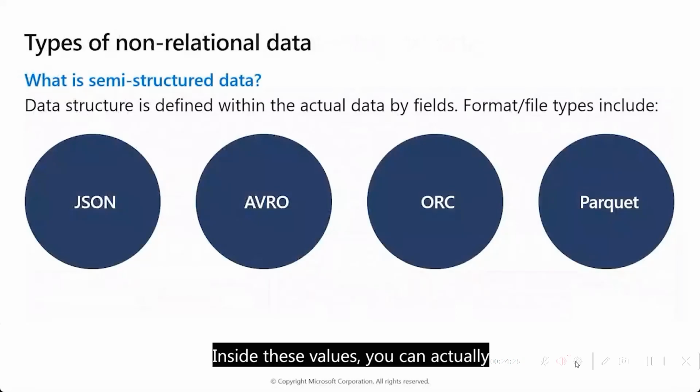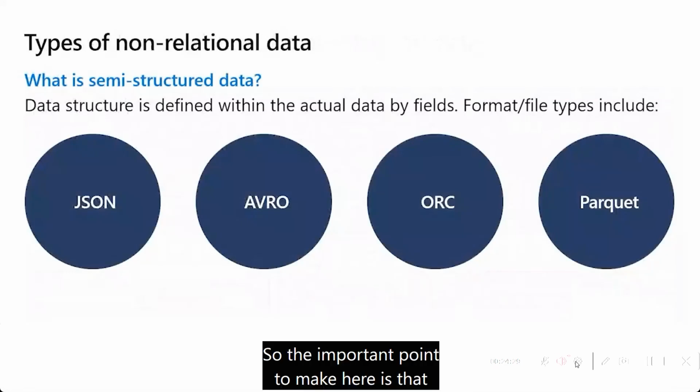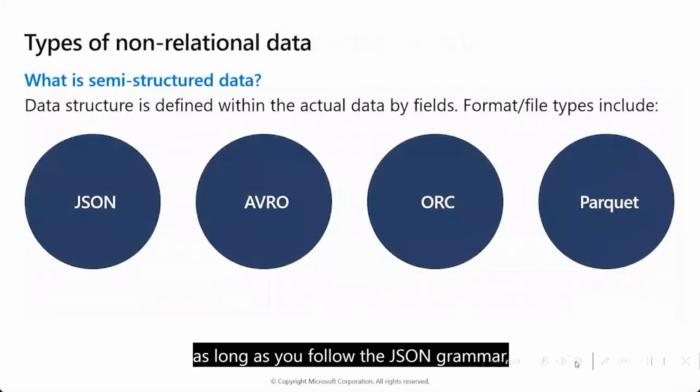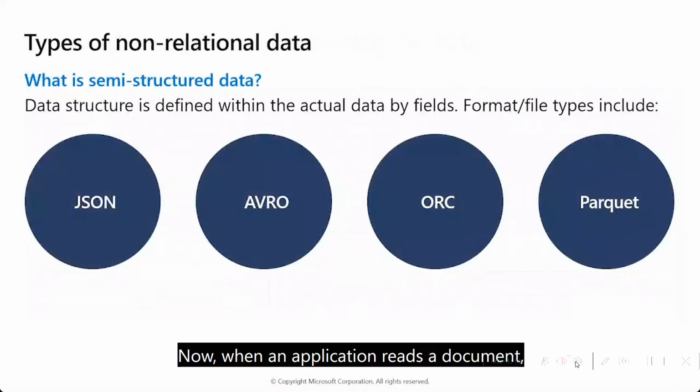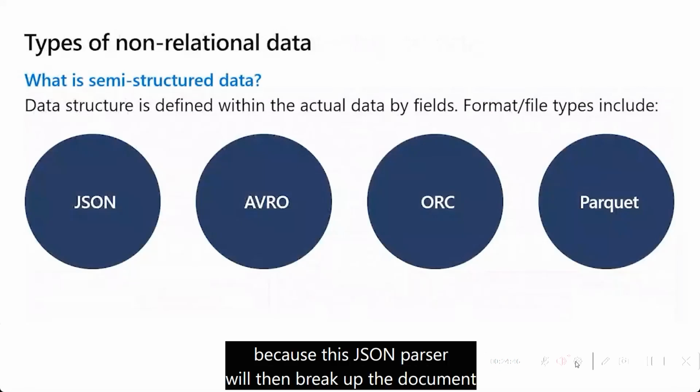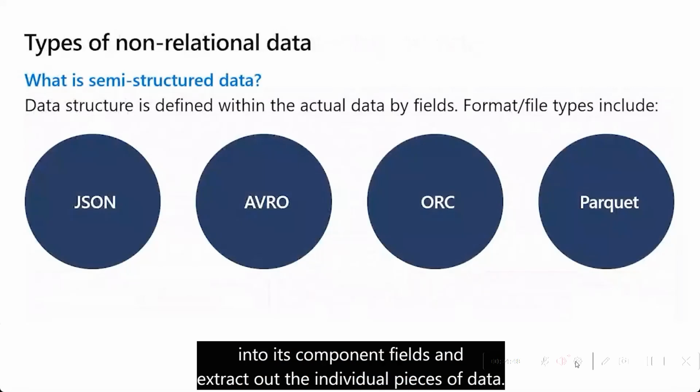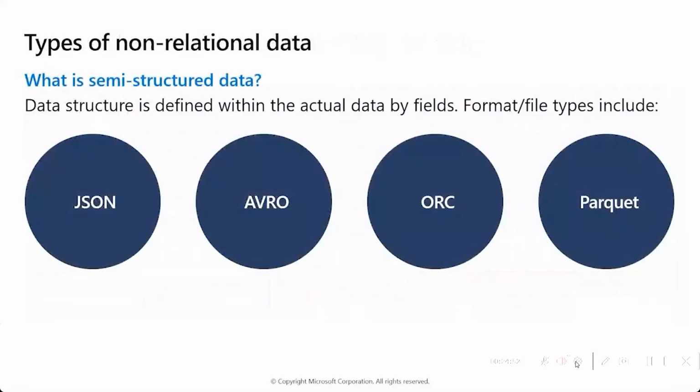Inside these values, you can actually define whatever you like. So the important point to make here is that as long as you follow the JSON grammar, you can import any type of data into the value. Now, when an application reads a document, it needs to use a JSON parser because this JSON parser will then break up the document into its component fields and extract out the individual pieces of data.